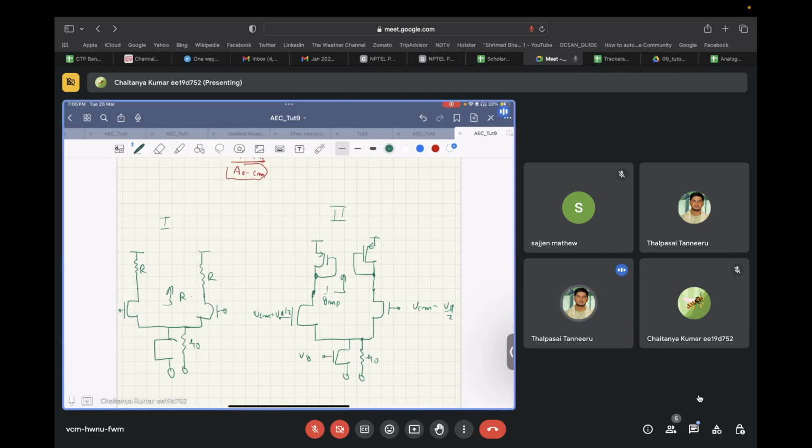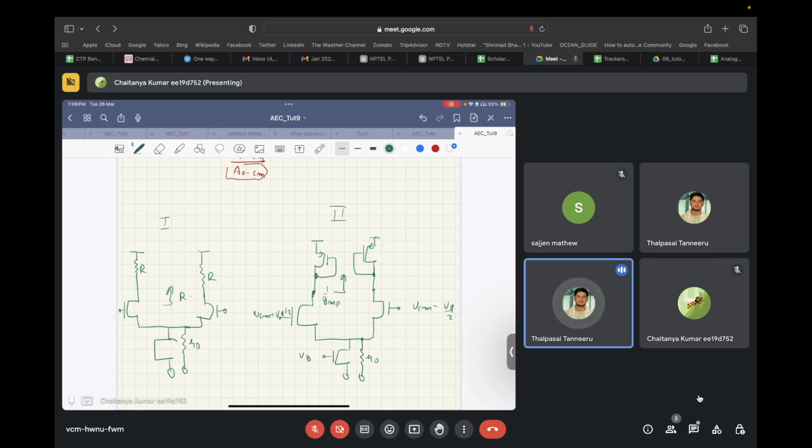So in differential mode, what kind of load do you want? Larger impedance or lower impedance? Input impedance should be large, sir. Not the input impedance, the output impedance, the load impedance. It should be small, sir. Why should it be small?